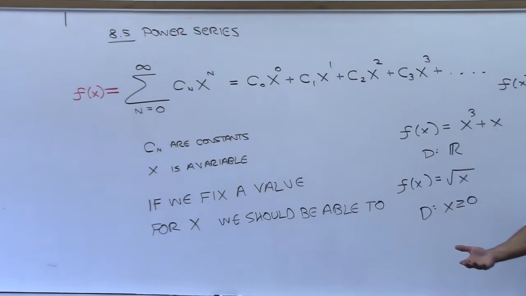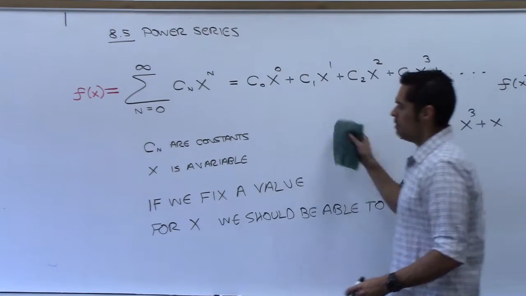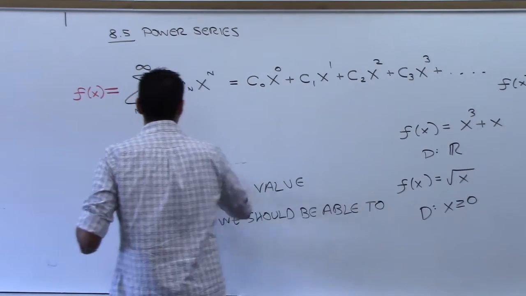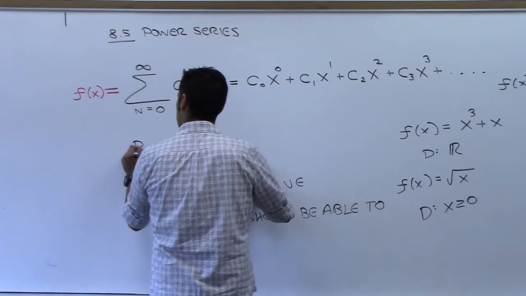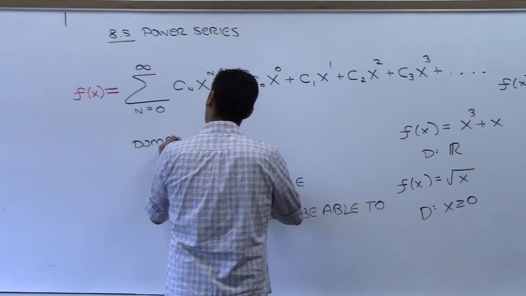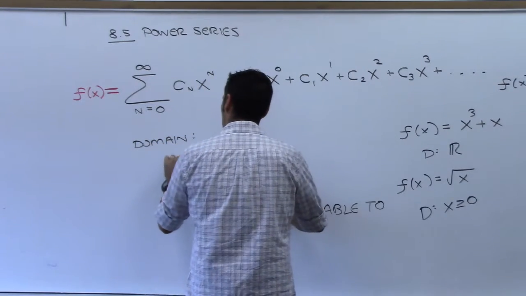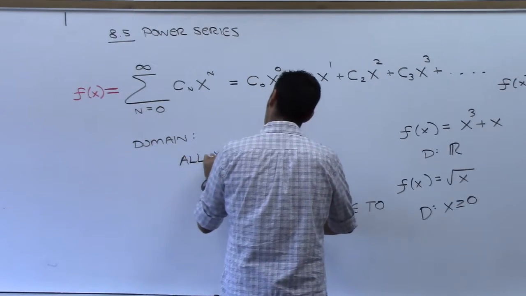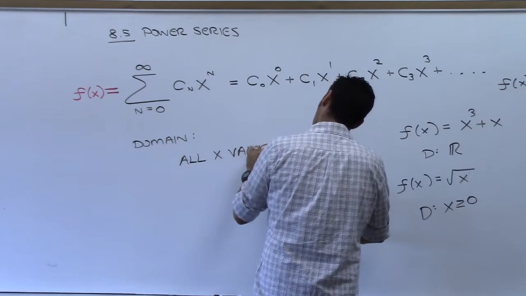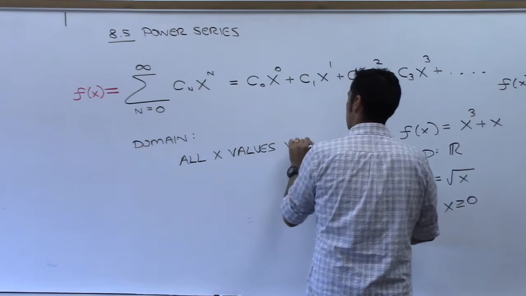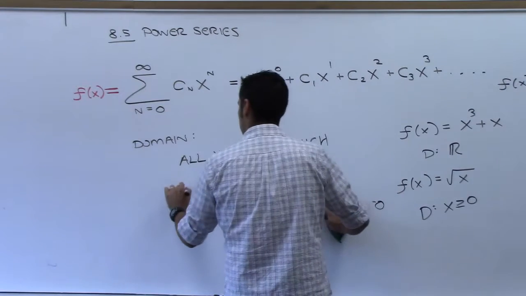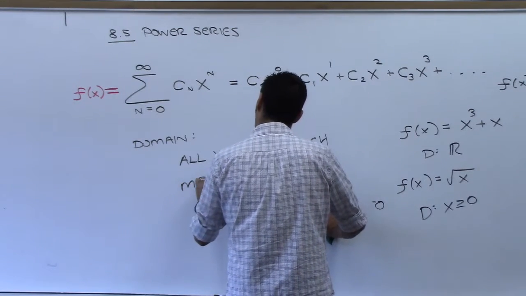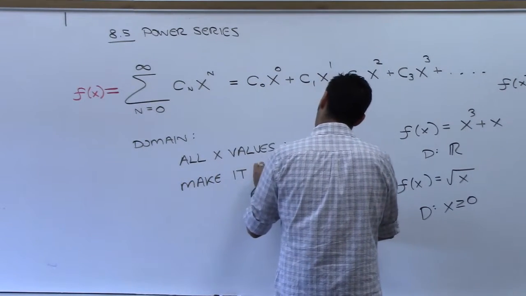Does that make sense to you? Yes. That's how we define this function. Here it is. The domain of this are all x values which make it converge.